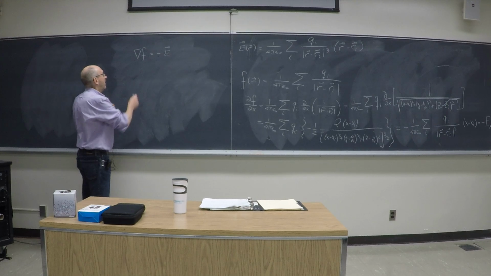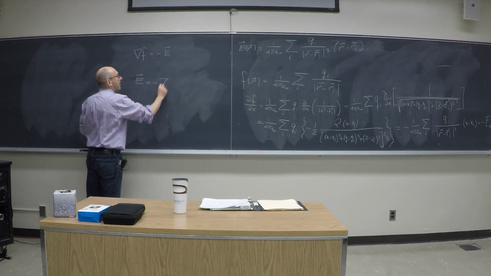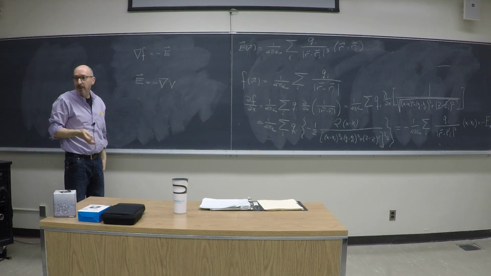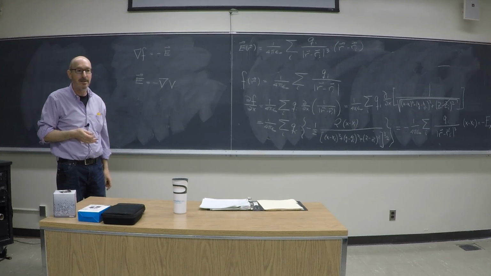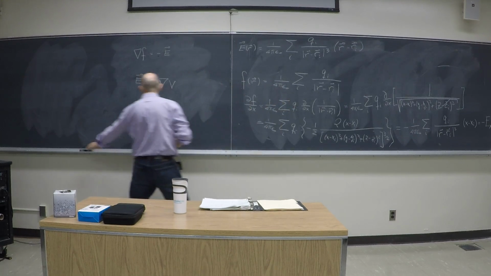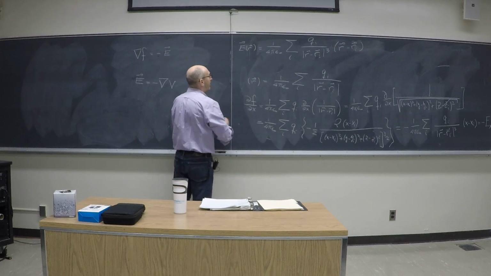Well, very easy. The electric field is minus the gradient of V. It's an arbitrary choice to put a minus sign, because if you have a function f, minus the function is another function anyway. And so now we use the definition here of the electrostatic potential.